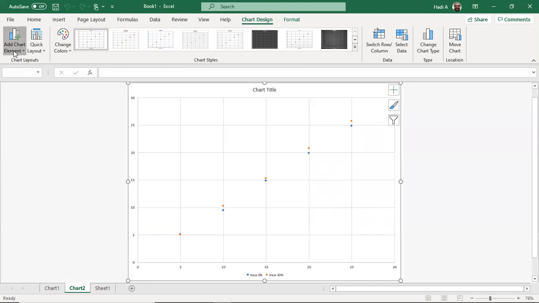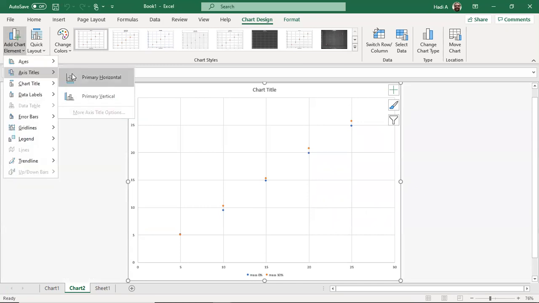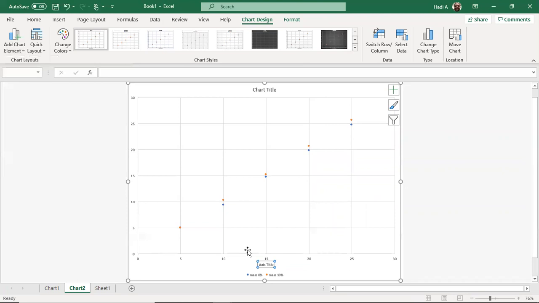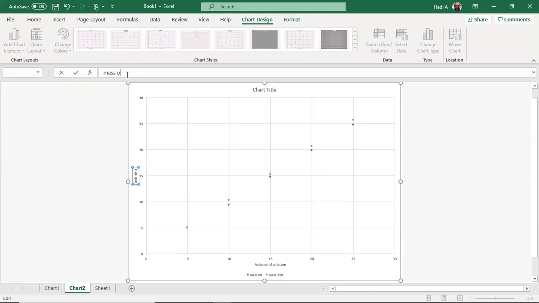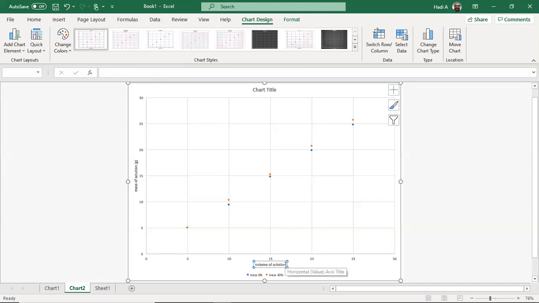And so again, we got to label our axis titles. The horizontal axis, this is volume of solution. Enter. The vertical axis, mass of solution. Oh, forgot my units. Make sure you put grams, and for that one, milliliters.